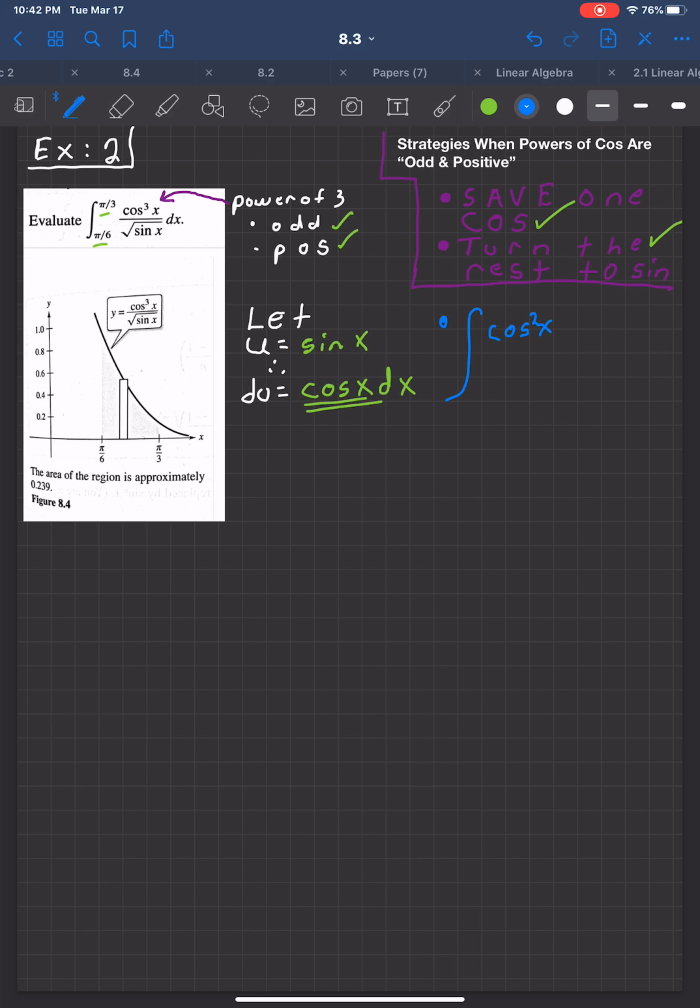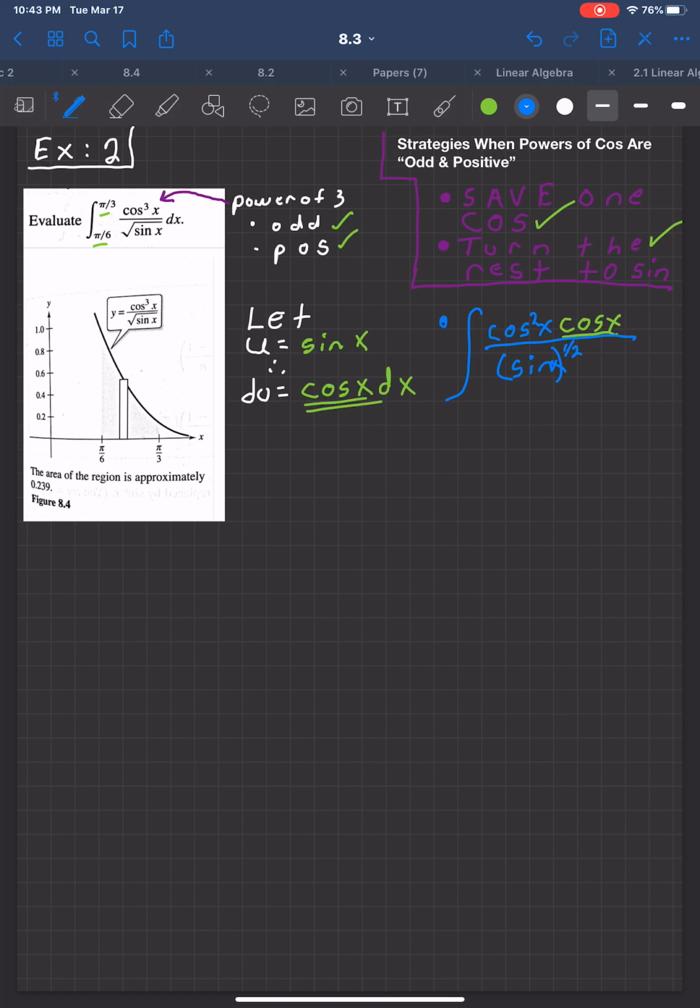this as cosine squared times cosine of x, right? I'll write this in a different color. Here's what I'm going to save for later, for my du. Right now I'm just trying to make my life easier, if I can. So I can rewrite the square root of sine of x as sine of x to the power of 1/2.